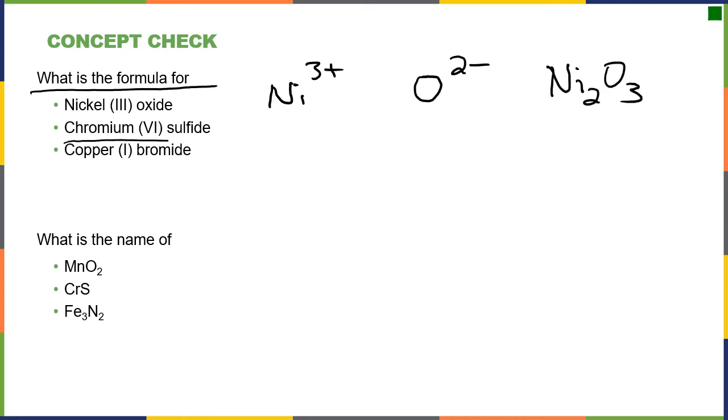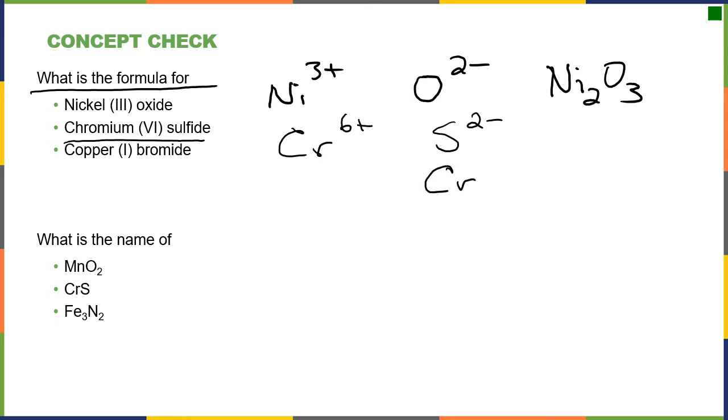And this is going to be Ni2O3. Chromium(VI) sulfide. Chromium(VI) would be Cr6+. Sulfide would be S2-. Because these are divisible, we're not going to have 6 sulfurs and 2 chromiums. We need the simplest ratio on this.